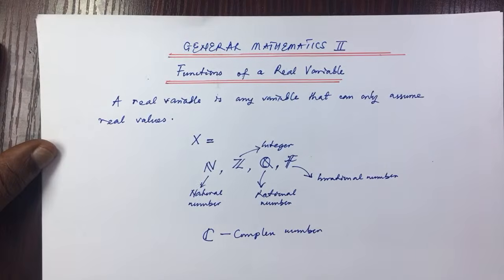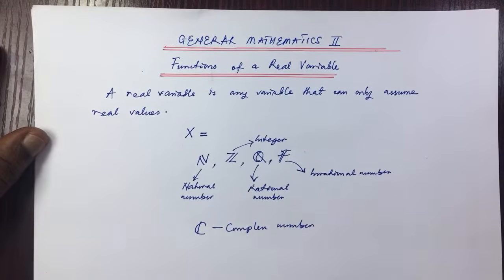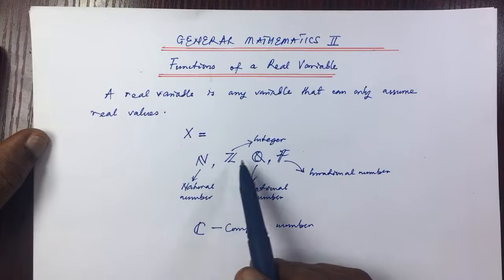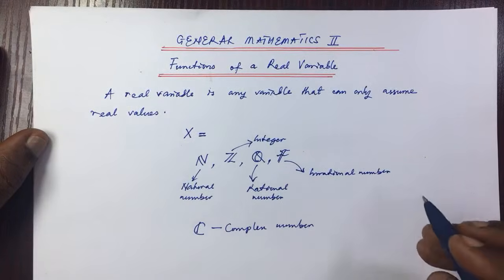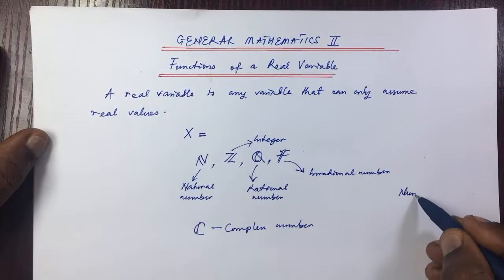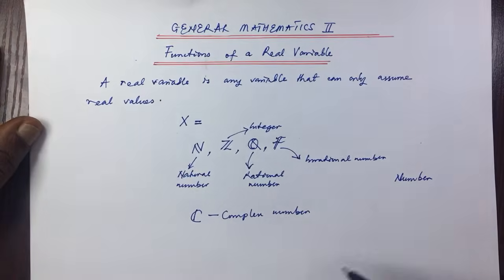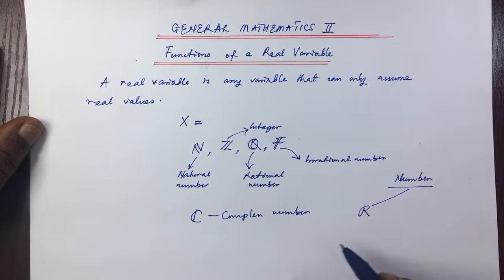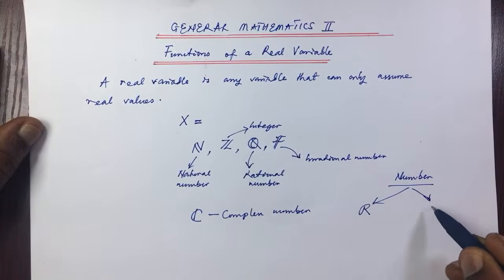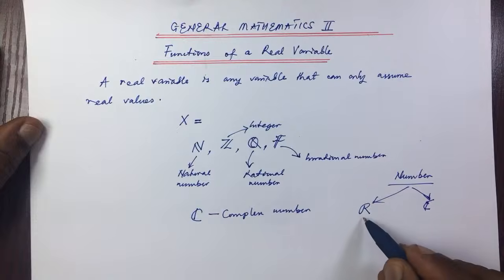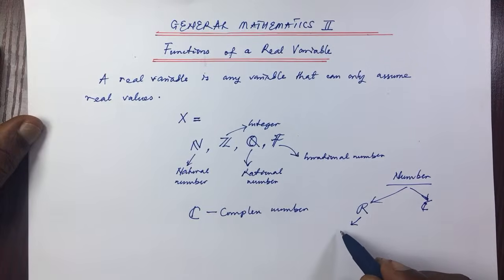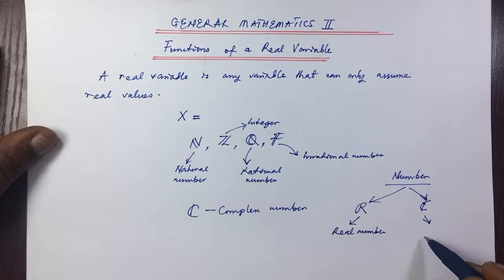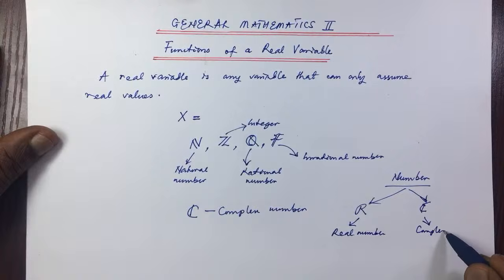Okay? So what am I saying? If you look through my previous videos on numbers, you would come to see the details on each of these number systems. Now, what it means is that once a value is defined to be a number, then that value can either be real or complex. Okay? So this symbol conventionally represents real numbers, while this symbol conventionally represents complex numbers.